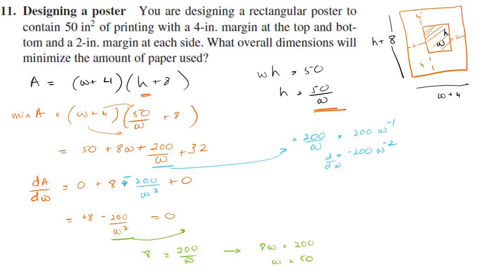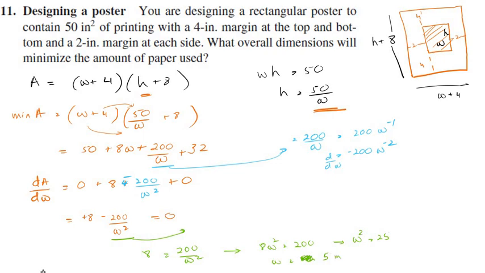So no, sorry, I made a mistake here. This should be W squared. So W is not 50, really W squared is equal to 25, and W is equal to 5 inches.